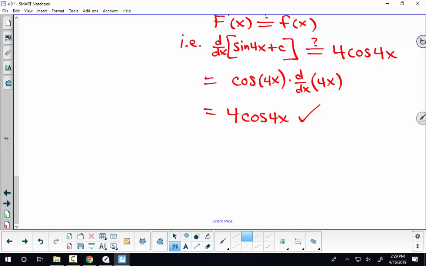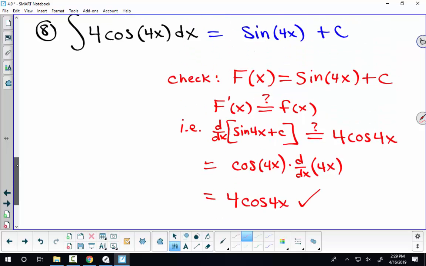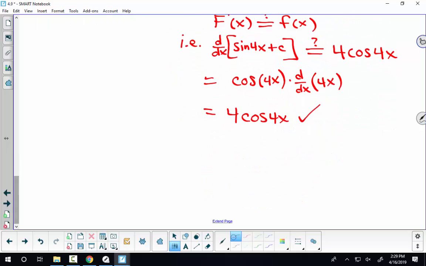So the antiderivative of 4 cosine 4x is sine 4x. Do y'all have any questions? Okay, example 9.